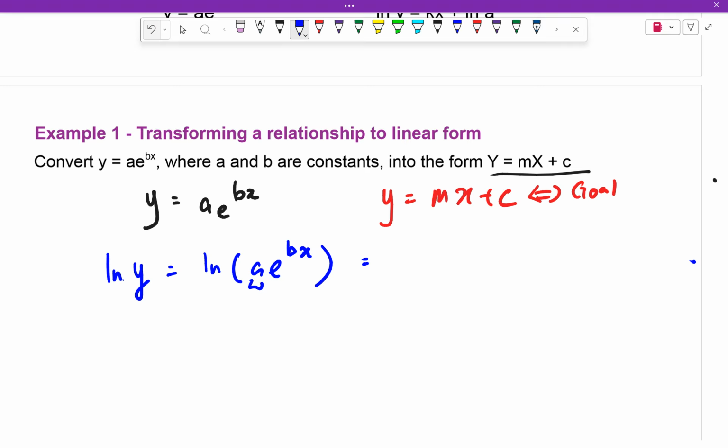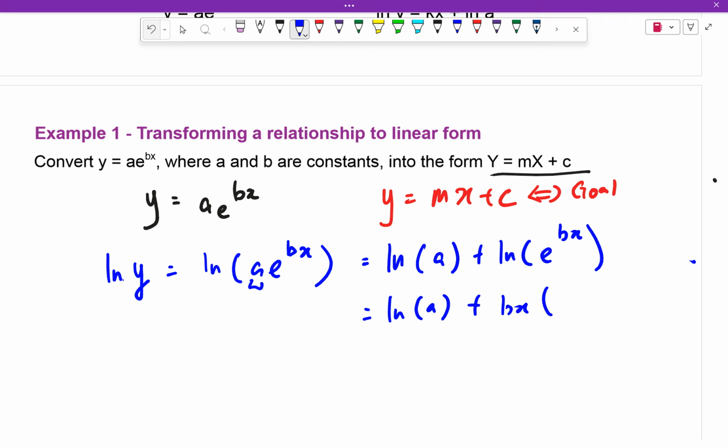So that results into ln of a plus ln of e to the power of bx, where we can rewrite it as ln of a plus bx ln e. This one will become 1. So ln of y would equal to ln of a plus bx.